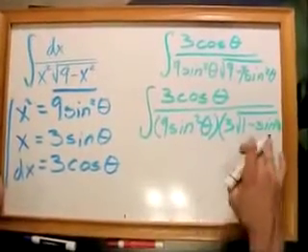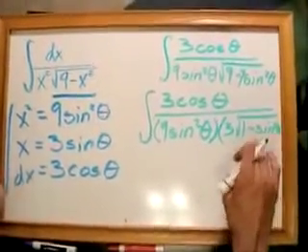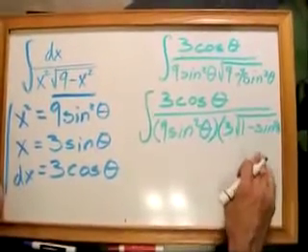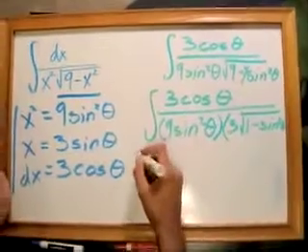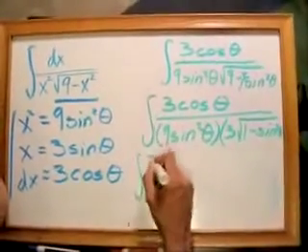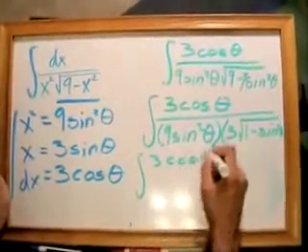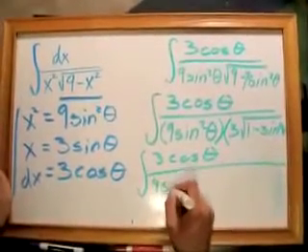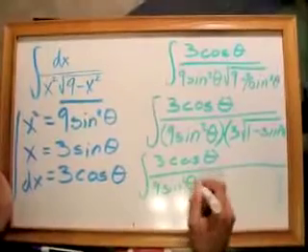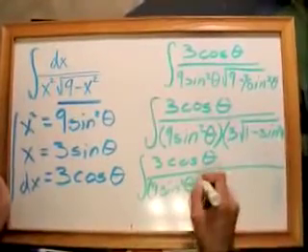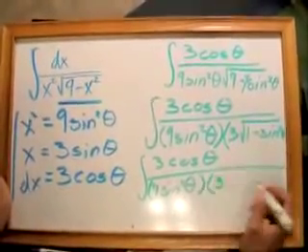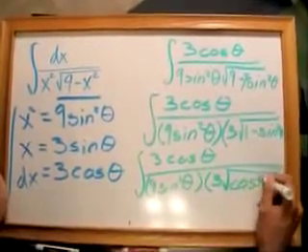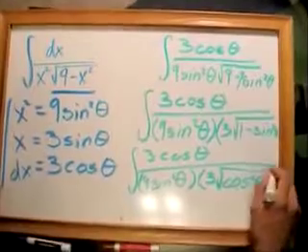Now, we can plug in cosine squared theta into that, because remember, 1 minus sine squared theta equals cosine squared theta. So we end up with 3 cos theta over 9 sine squared theta times 3, and then the square root of cosine squared theta is just cosine.